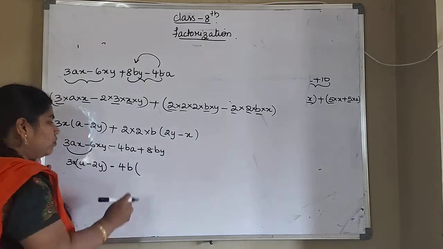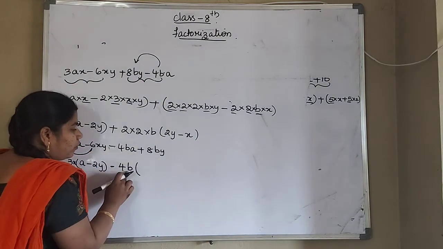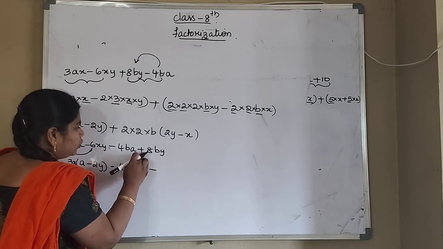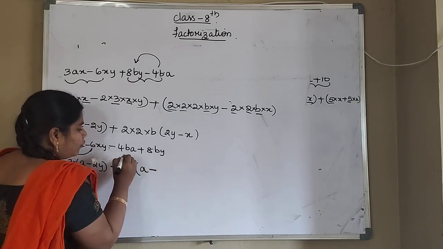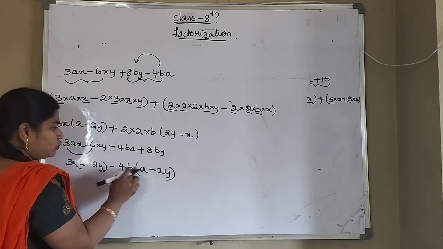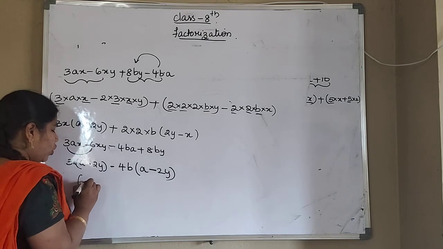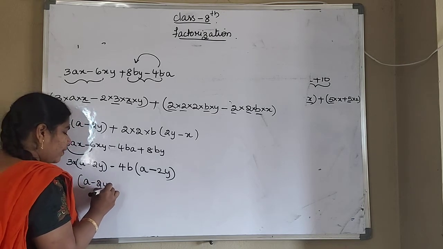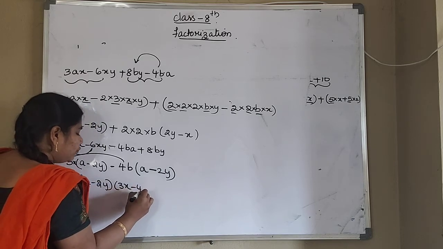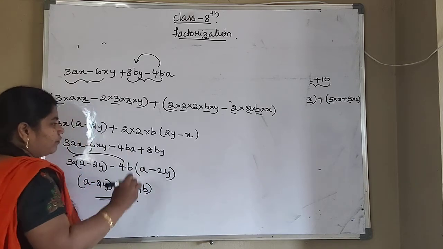Now if you take b as common, what are the remaining terms? In case of a, minus into plus will be minus, and 4 2s are 8, and here it is y. So these 2 terms are common now. So what are the common terms? a minus 2y is one common factor, and 3x minus 4b is the other common factor.